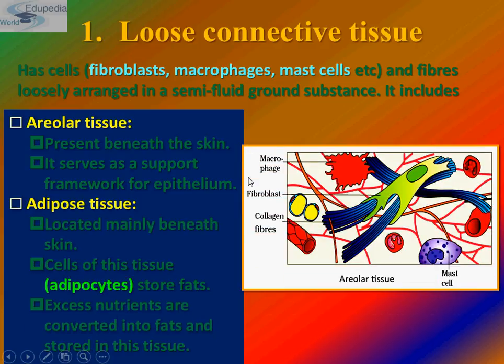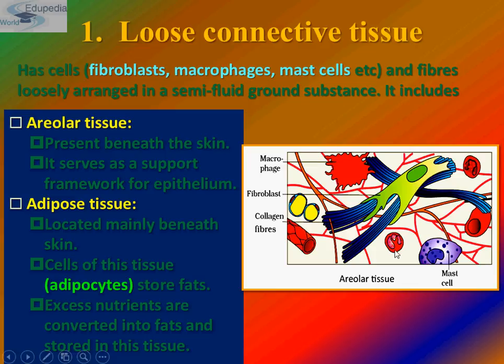You can say that the more the adipose tissue, the more the fat there is, because they are specialized to store fats. The excess of the nutrients is converted into fats and thus stored in these tissues.